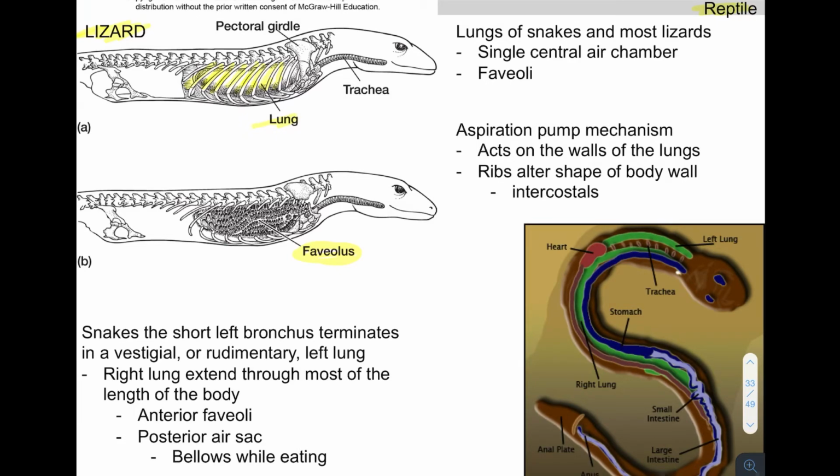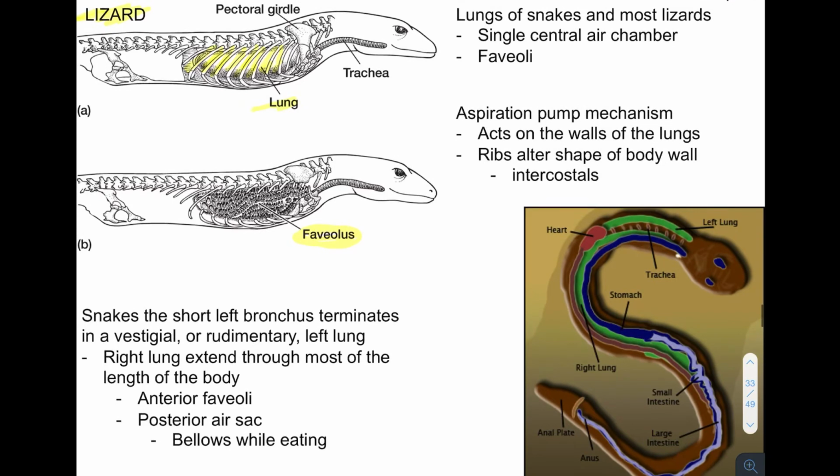When we look at reptiles that are very, very long and thin, such as snakes, what we see is that the right lung becomes the dominant lung, and the left lung becomes rudimentary, very small, or sometimes disappears entirely.